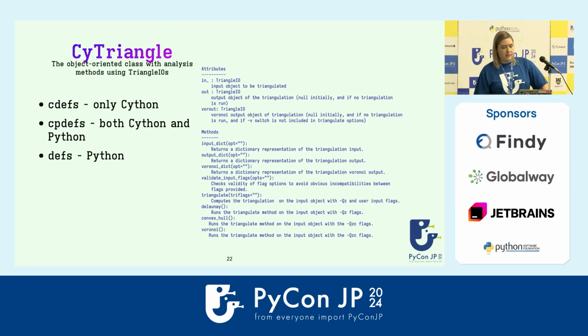The last piece of this is that I have my C struct that now is part of a Cython class. For Cytriangle to run, it actually needs three instances of that object, so three instances of TriangleIO. One of them is the input object, one of them is the output object, and the output object is initially null.